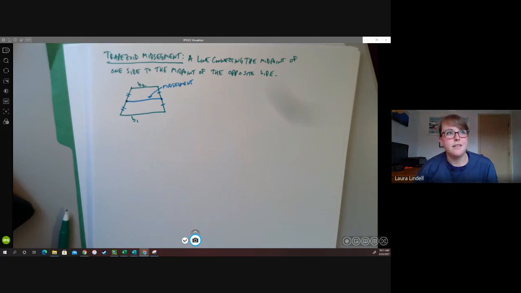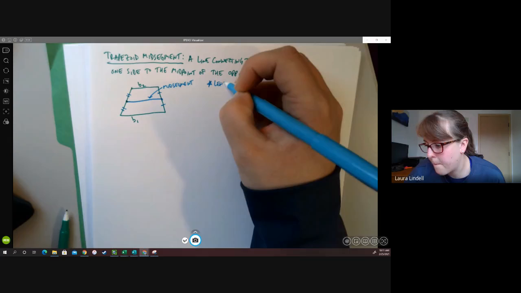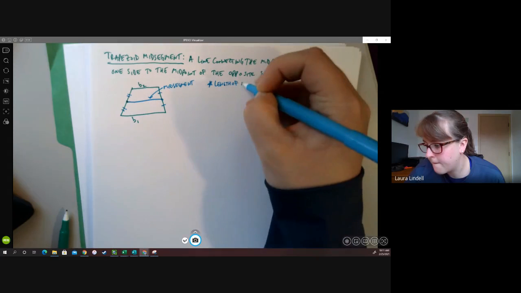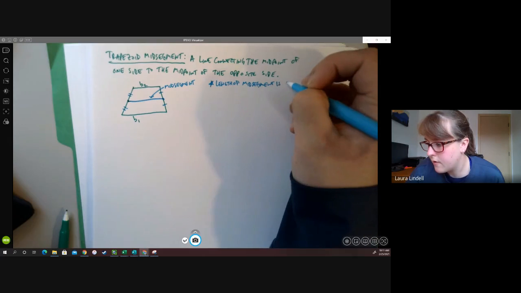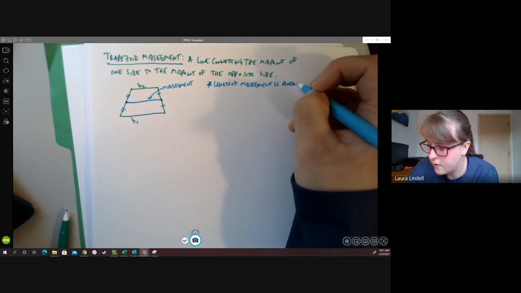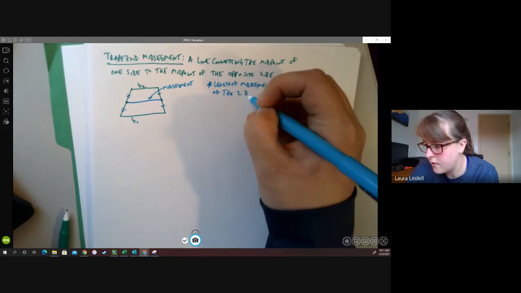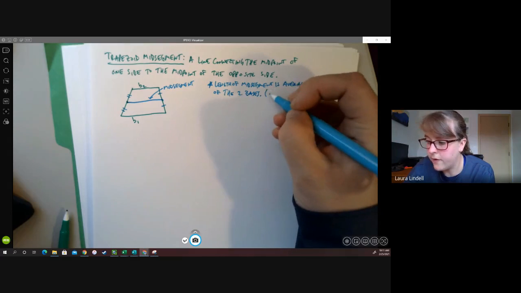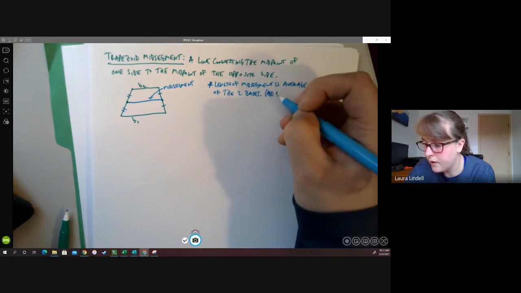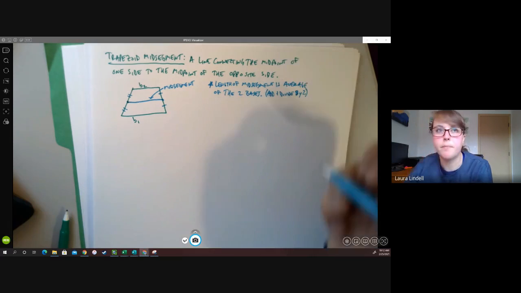Okay, and the length of the mid segment is an average of the two bases. And to find an average, we just add them and divide by 2.